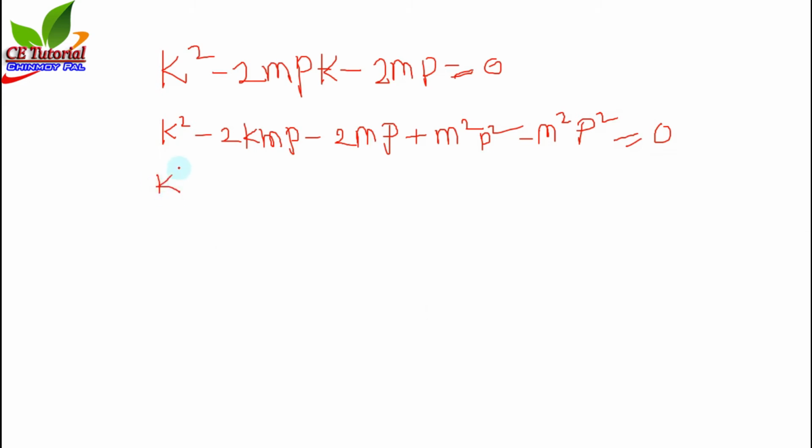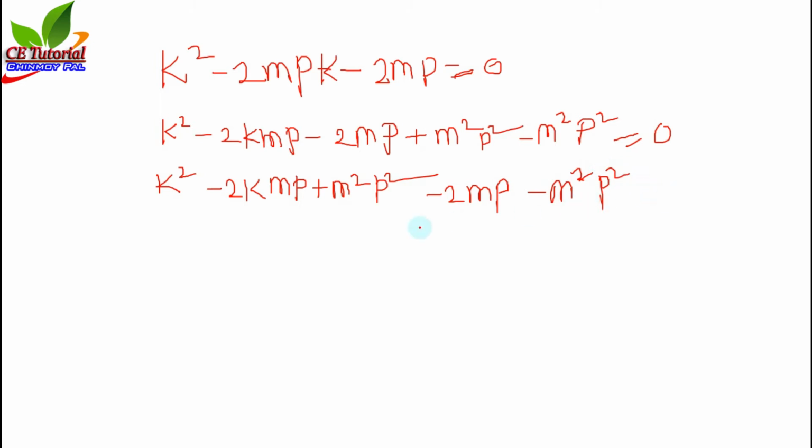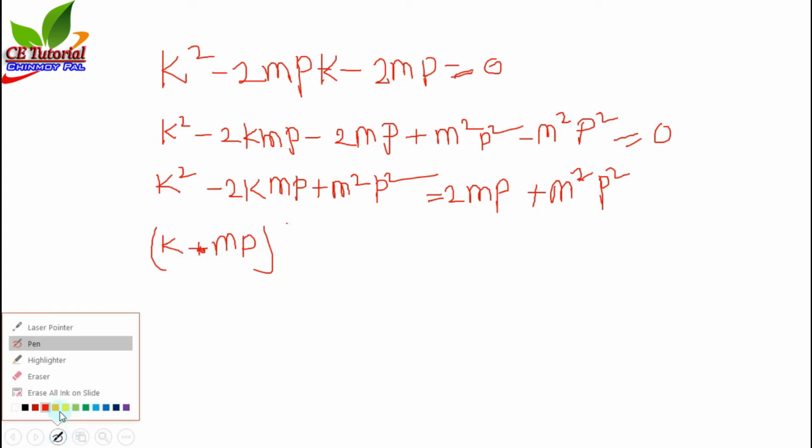So K square plus 2K MP plus M square P square minus 2MP minus M square P square is equal to 0, or we can say equals 2MP plus M square P square.